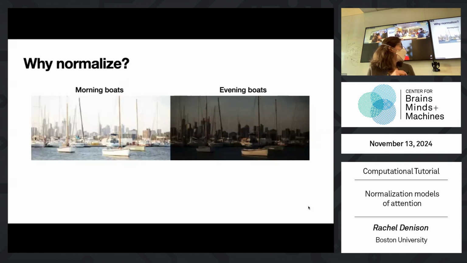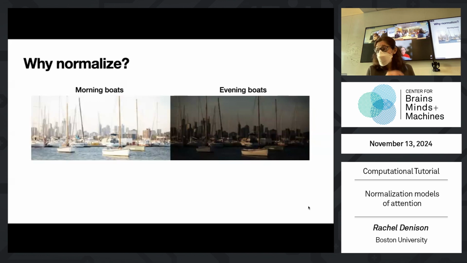Let's say you're looking at this pixel in the morning, and you're like, oh, this is a really bright pixel, so maybe this is an object or something. But in the evening, in terms of absolute luminance, this is actually rather a dark pixel. This pixel would probably be similar to something back here in the morning, right?